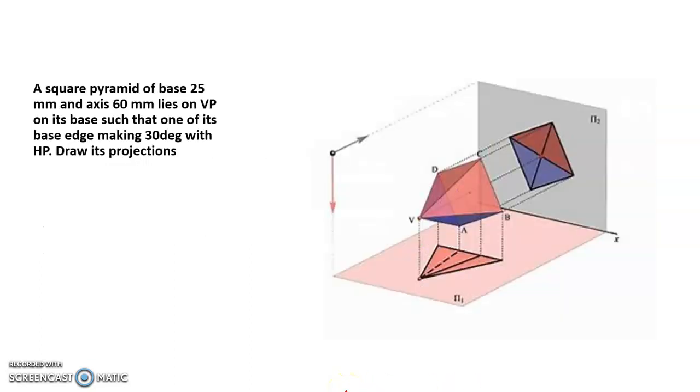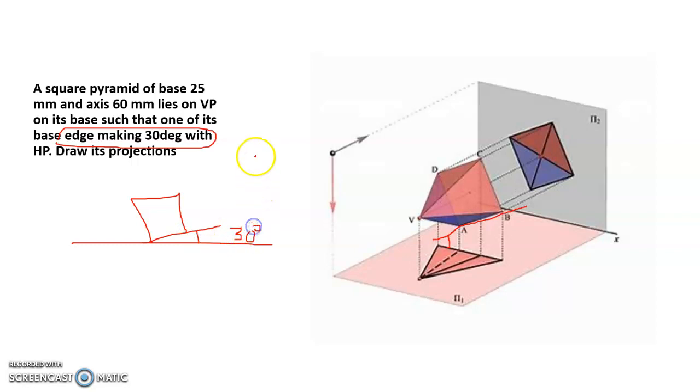And you can see this is a square pyramid. A square pyramid whose axis is perpendicular to VP, parallel to HP, and the base square whose edge is inclined to HP. You can see the base edges making 30 degrees with the HP. So in your front view, you need to draw a square like this, whose edge is 30 degrees inclined to HP.